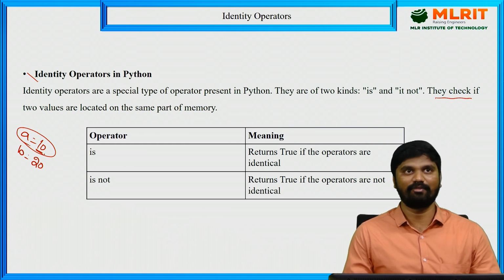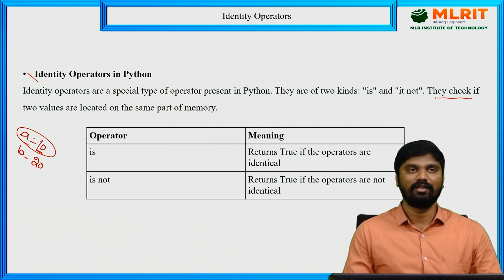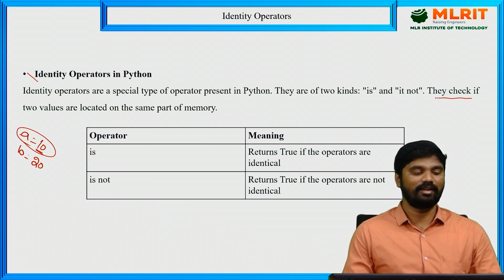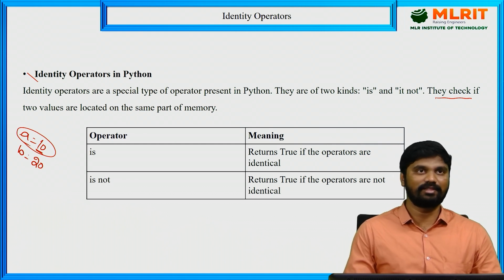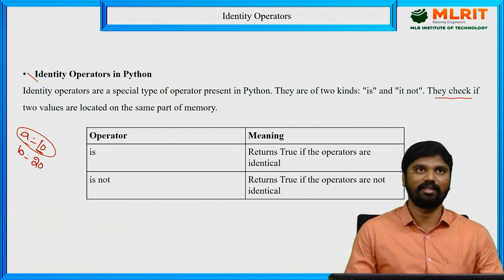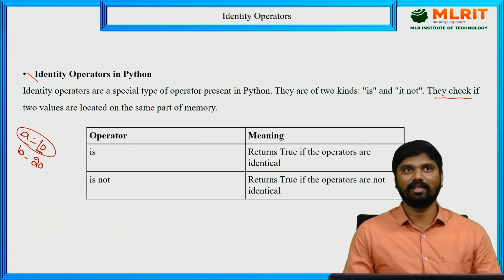So whenever this statement is executed, the Python virtual machine won't create an object directly. First, it checks whether an object with the value 10 exists or not. Only if an object with the value 10 is not available in the memory does the Python virtual machine create an object.